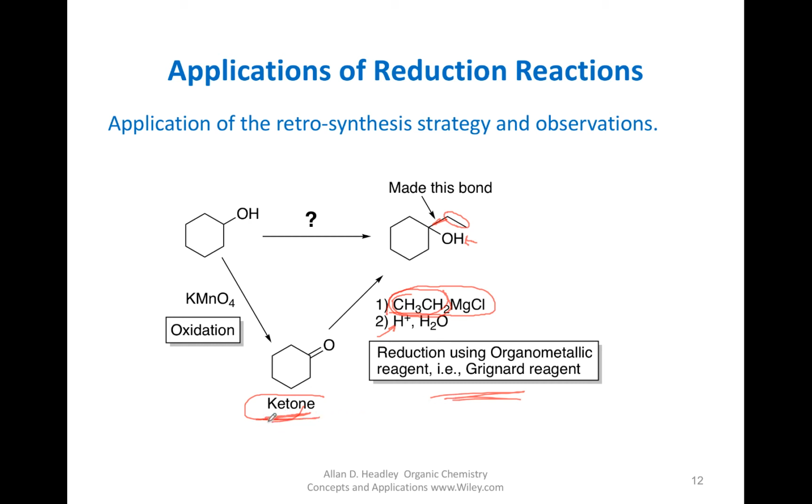Once you have recognized that you need a ketone, you know that an oxidation reaction from an alcohol can give a ketone. So right away you know that you need a strong oxidizing agent such as potassium permanganate. Again, you need not use specifically potassium permanganate, but you can also use sodium dichromate in sulfuric acid, and others that we have discussed in previous chapters.